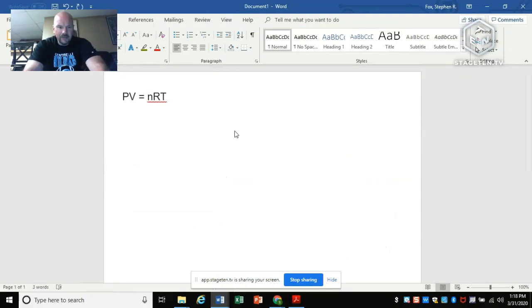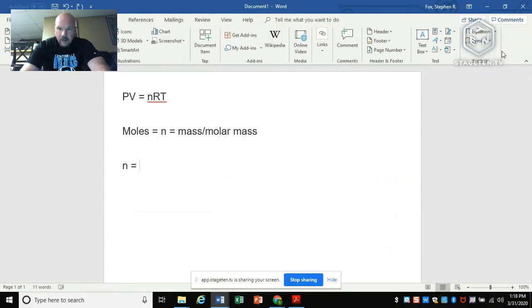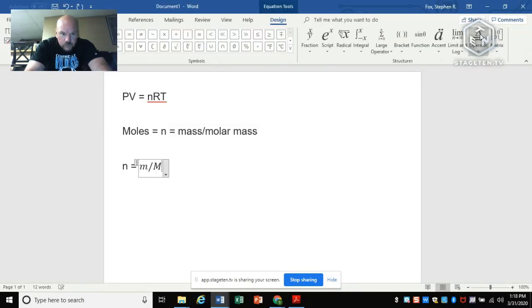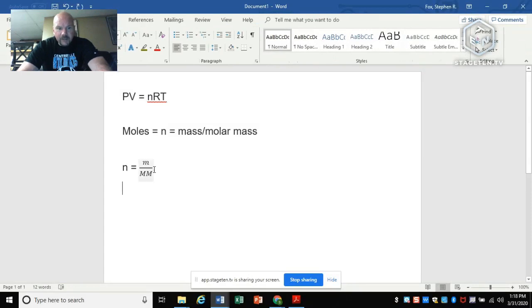So that's our ideal gas law. But moles, which is equal to n, one way to find moles is to take mass and divide it by molar mass. So n equals, and then let me do this equation. Right, that's one way to think of n, right?